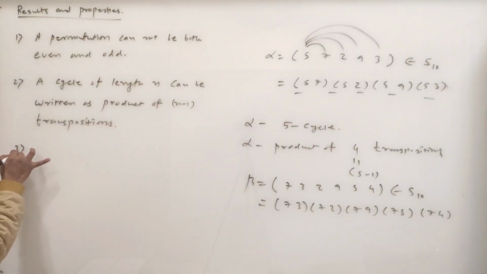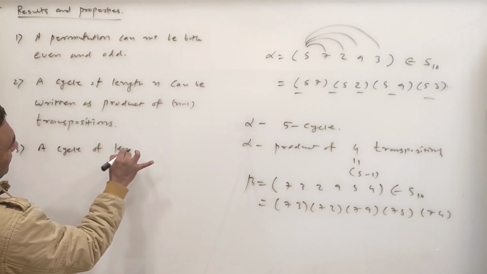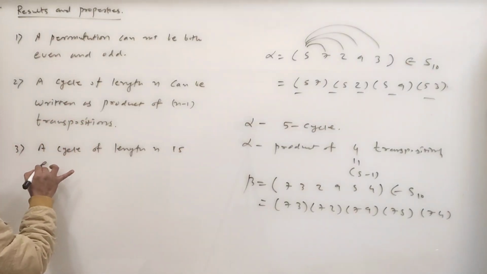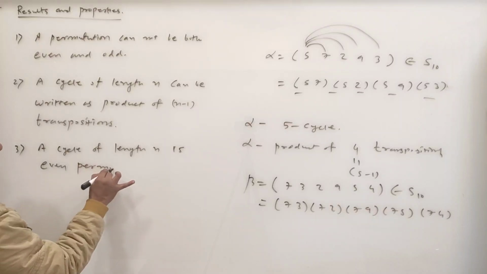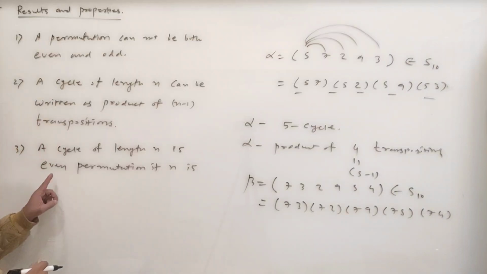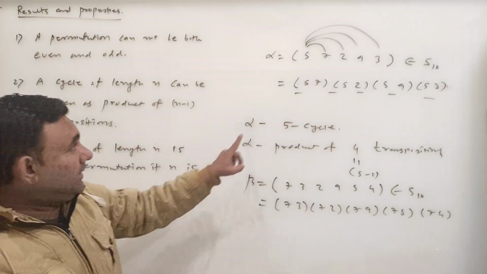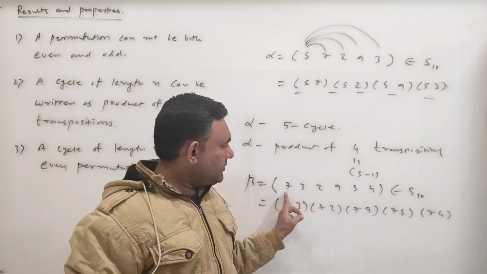We can have this result. The third one, a cycle of length n is an even permutation if n is odd. साइकिल को इवन परम्यूटेशन बनना है तो उसकी लेंथ को ऑड होना पड़ेगा. ये मेरा इवन है तो उसकी लेंथ ऑड है, और ये मेरा ऑड है तो उसकी लेंथ इवन है.